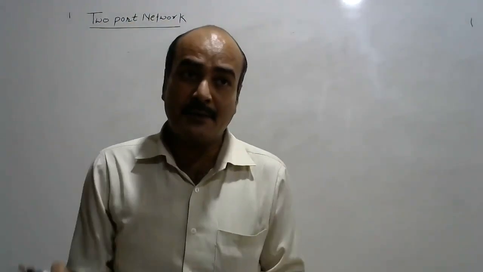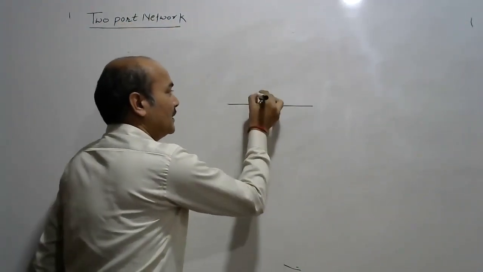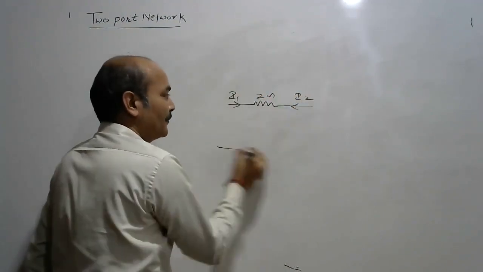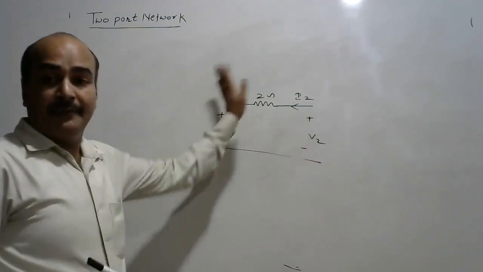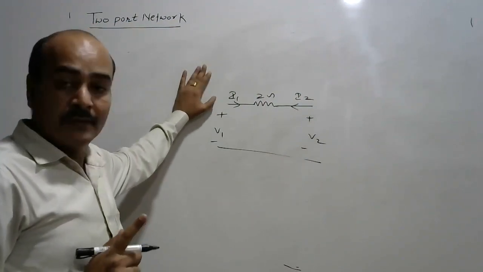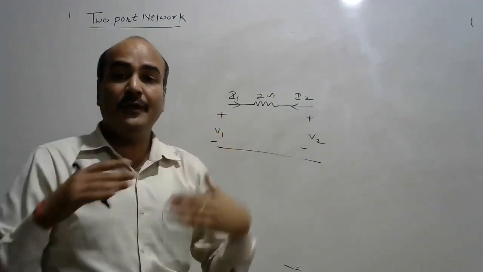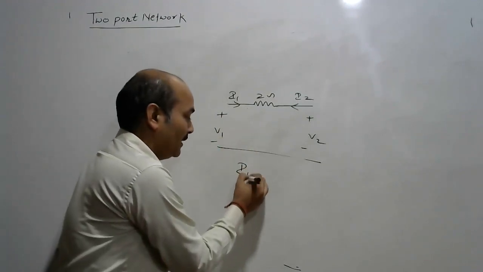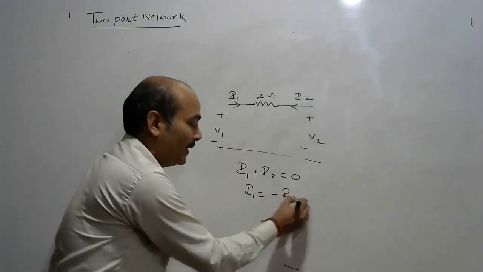Suppose I show you a question with a 2 ohm resistance, where this is I1, this is I2, and the voltages are V1 and V2. If I say find the Z parameter of this circuit, see, because I1 and I2 are opposite to each other, if we apply KCL, I1 plus I2 equals 0, and I1 becomes equal to minus I2.